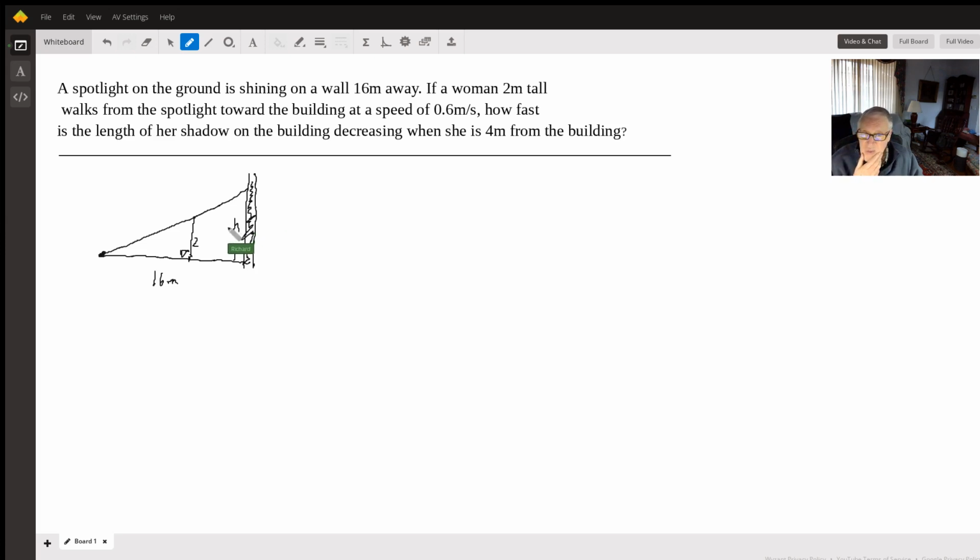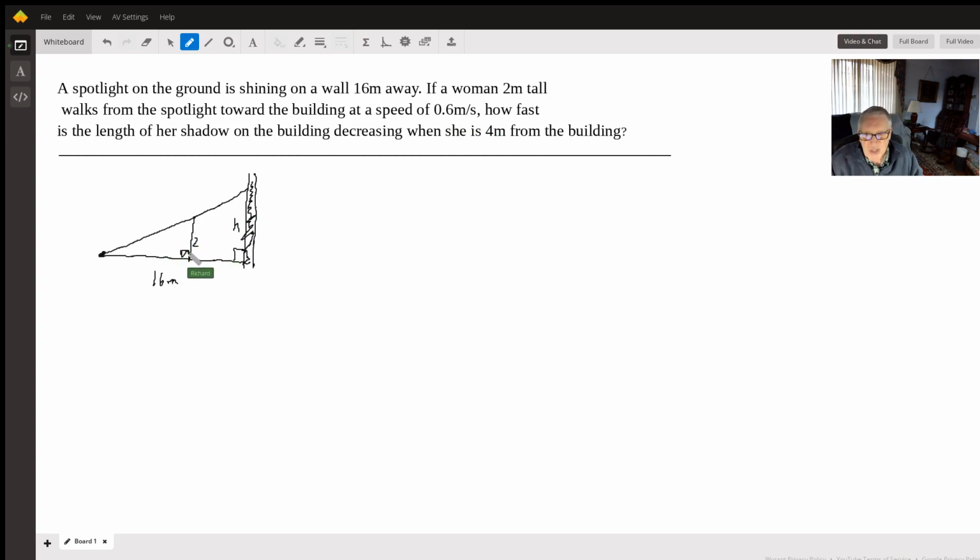We have two speeds: the speed at which she's walking away from the spotlight, and the speed at which the height of the shadow is decreasing. We know her speed is 0.6 meters per second, and we have to find the rest of it.